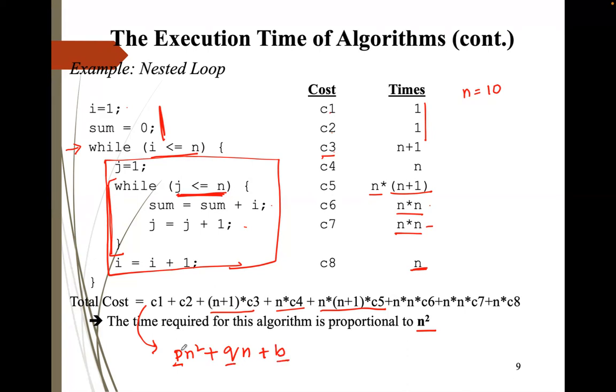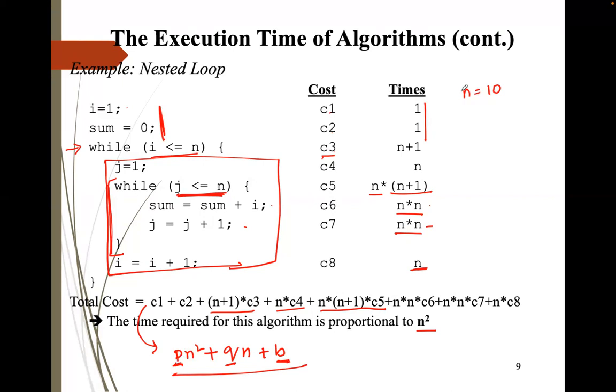All right, after we simplify this whole equation, we'll see the total cost is going to look like this. Here P is constant, Q is constant, and B is another constant, and n is the input size.